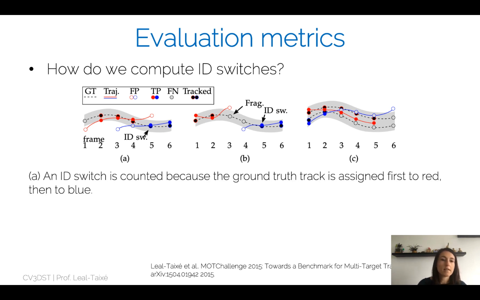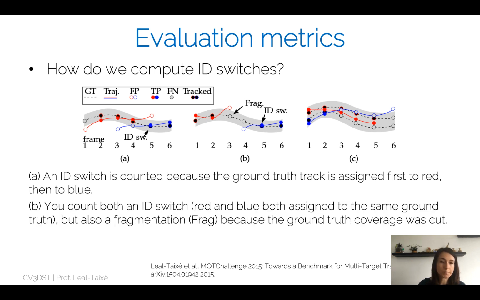So again, we can count an identity switch because the ground truth track is assigned to two different predictions. You can count both an identity switch and a fragmentation if the identity changes within a ground truth trajectory, but at the same time you're losing track of some of the detections in the frames in the middle.